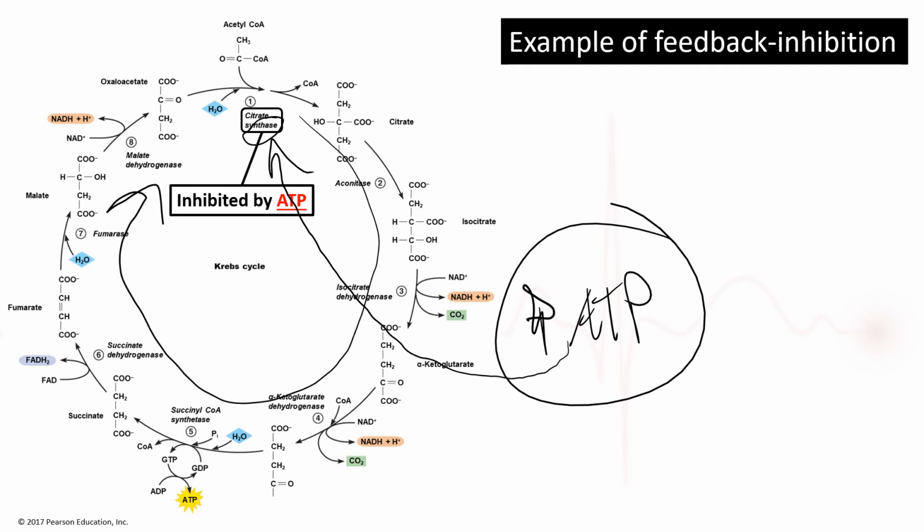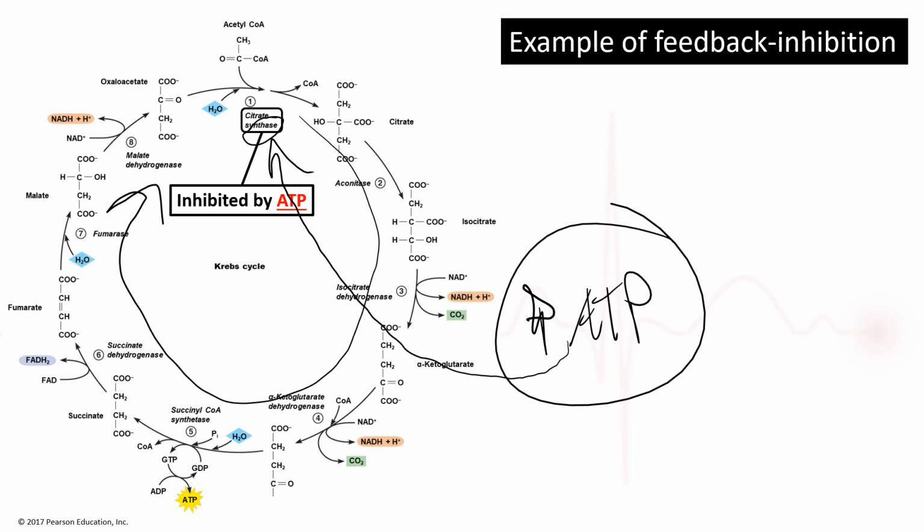Because there's plenty of ATP inside of the cell. You don't need the Krebs cycle to be making more ATP. Or let's be accurate, creating the fuel for making ATP. So when ATP levels are high, it actually reduces the rate at which the Krebs cycle runs.